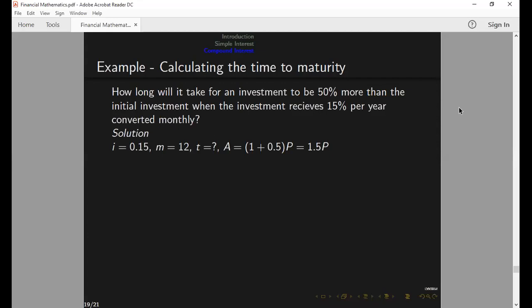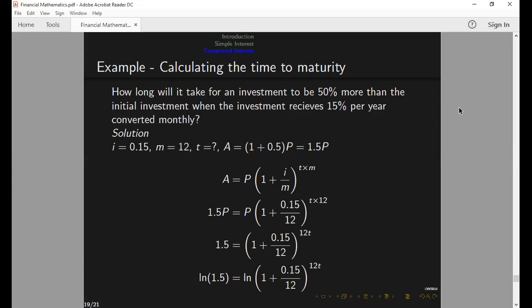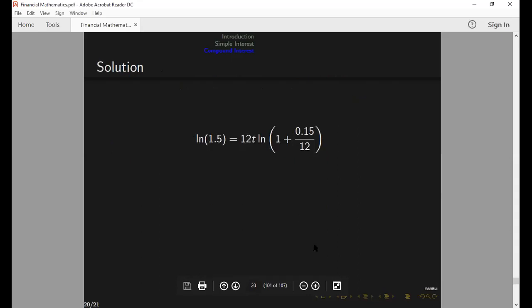You remember, I did say that A is just a portion, 0.5, and then we put it in the formula and divide by P. Now, here's the part that differs from what we did before. Here, we are now introducing natural logs.